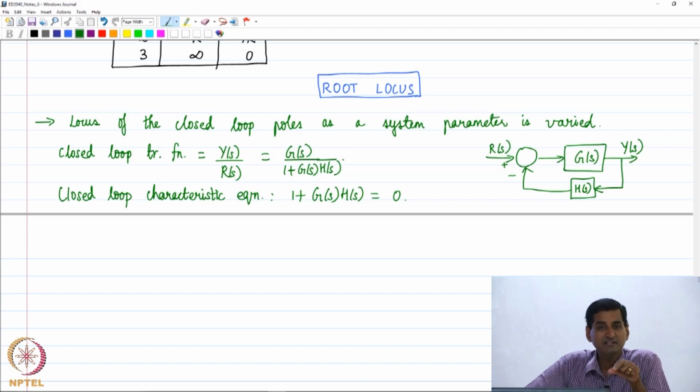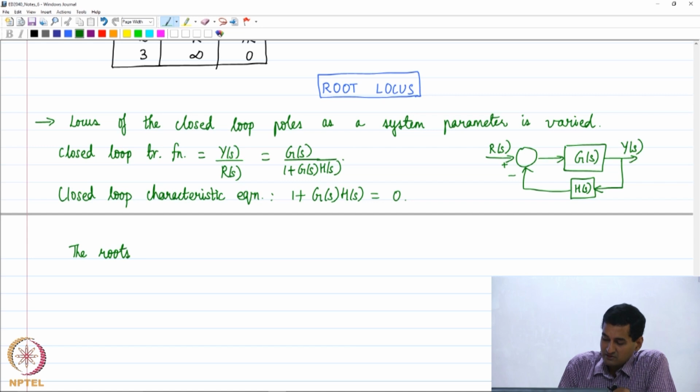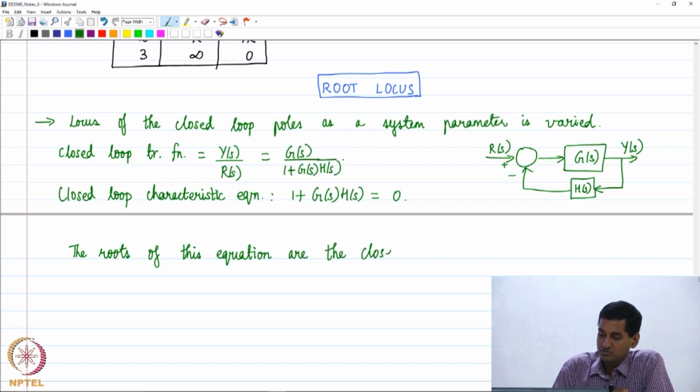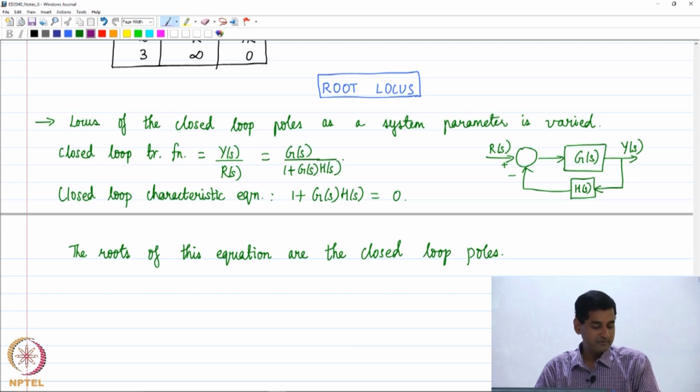The roots of this equation are the closed loop poles. So that is something which we already know.